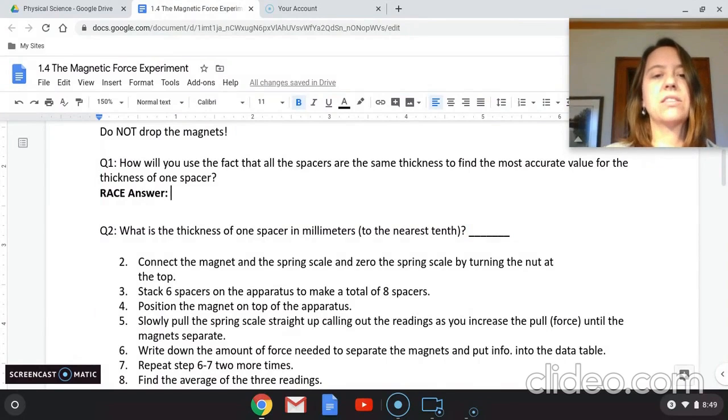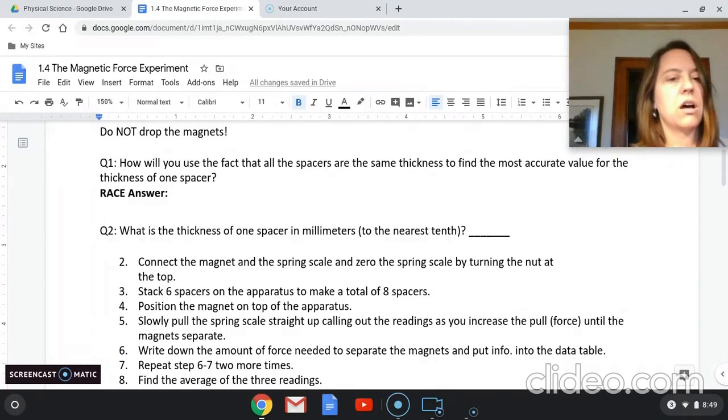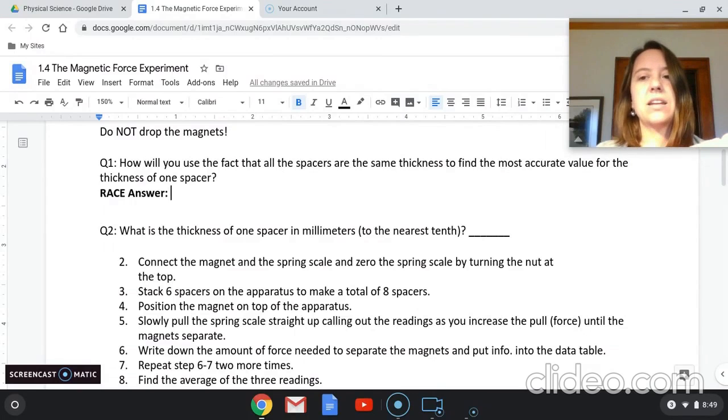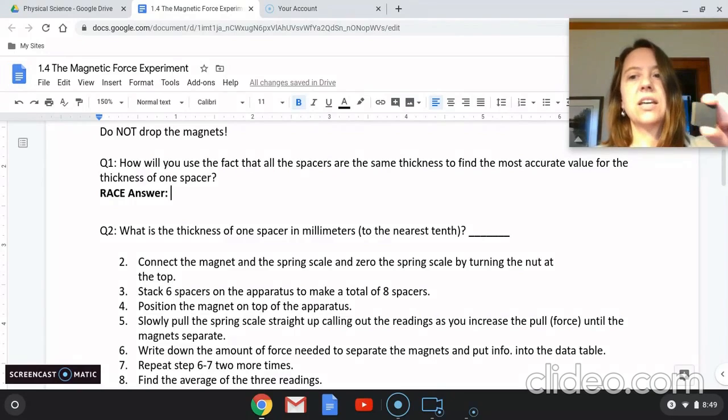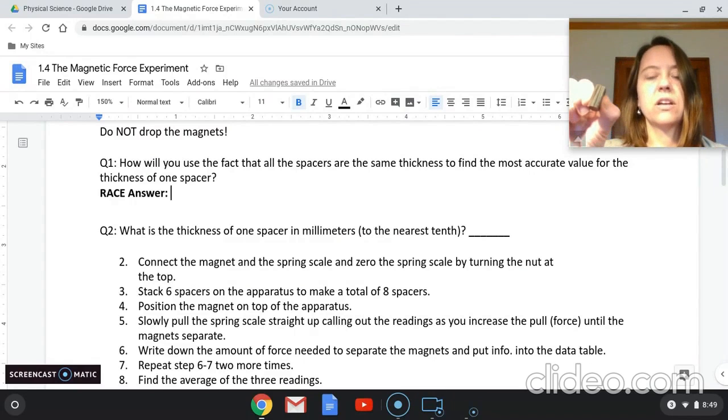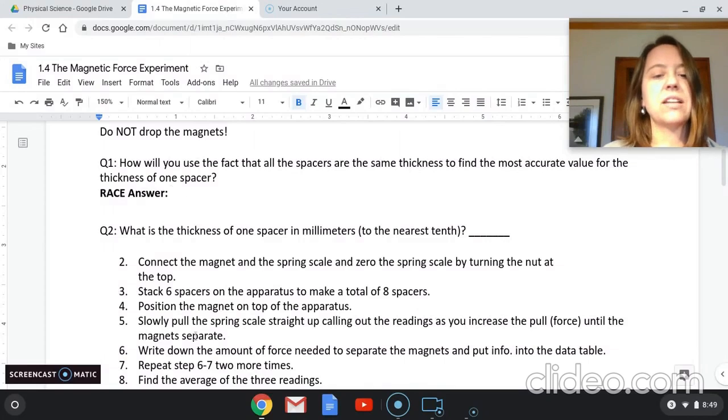How will you use the fact that all the spacers are the same thickness to find the most accurate value for the thickness of one spacer? So we measured the thickness of all of the spacers, and then we divided by 10 to get the thickness of one spacer. So please pause the video and write that down.